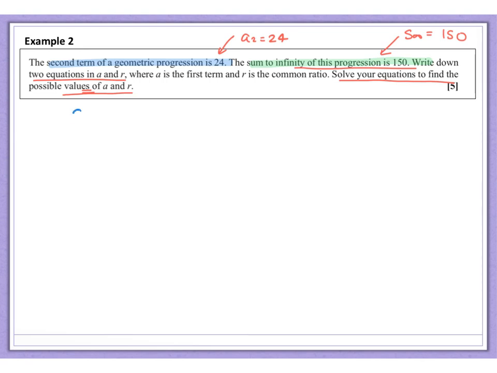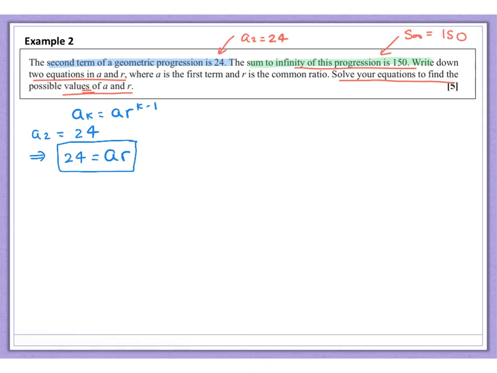So remember a_k equals ar to the k minus 1. So we have been given a2, which is 24, which tells us that 24 must equal ar, and k minus 1 will just equal 1. So 24 equals ar.